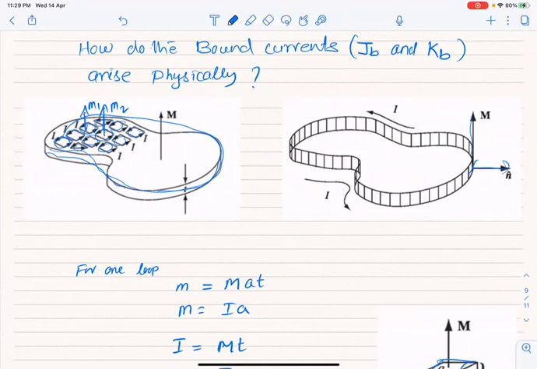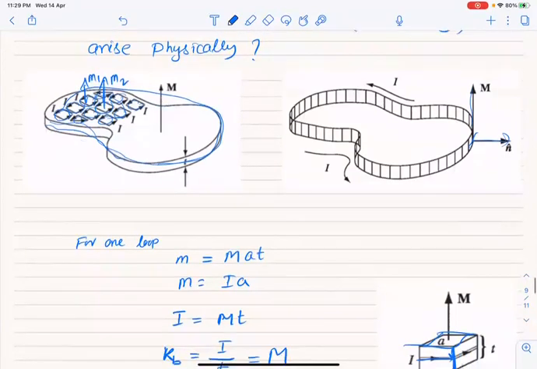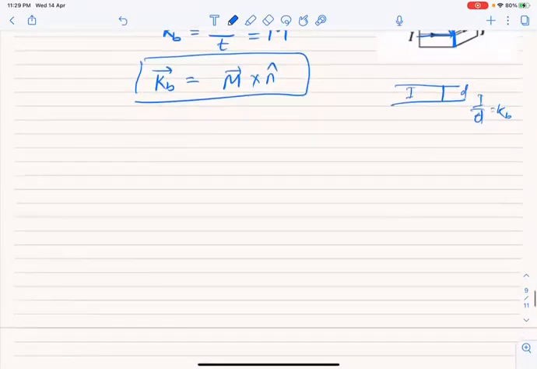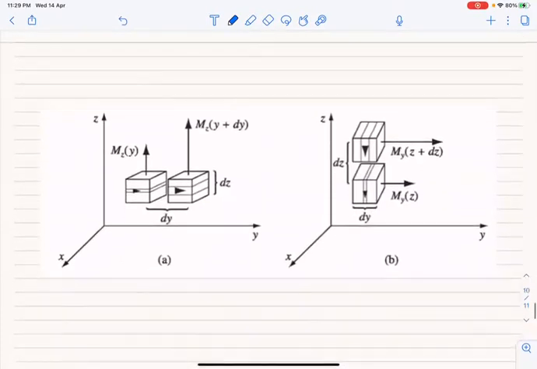Now, if that happens, do the inside loops cancel out? No, right? So we can effectively analyze it at least in one direction. Since you have a non-uniform magnetization, your internal currents will not cancel.